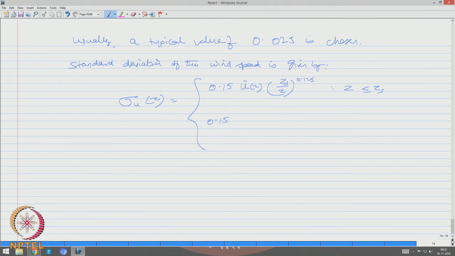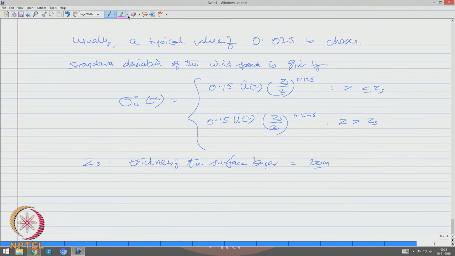Otherwise, it is equal to 0.15 u bar z (Zs by z) to the power 0.275 for z greater than Zs, where Zs is called the thickness of the surface layer, usually taken as 20 meters.